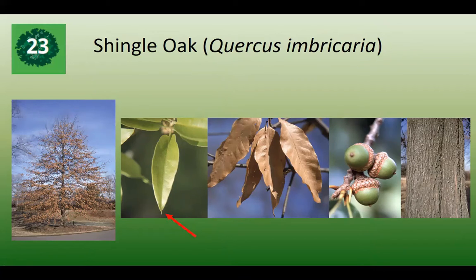And that's quite indicative. And then looking over to the far side, you see the bark. And the bark, actually, it doesn't have as good ski trails as the red or the pin, but you can still see that somewhat.